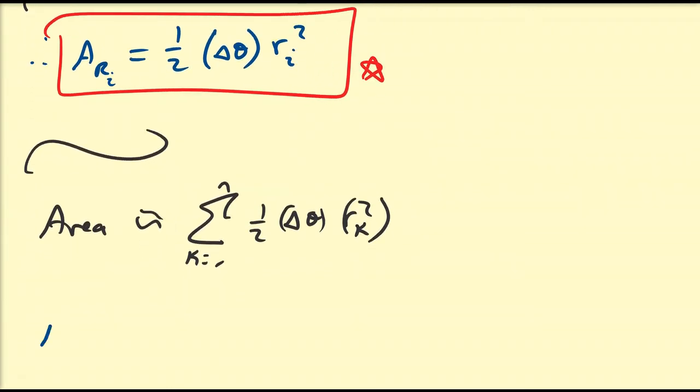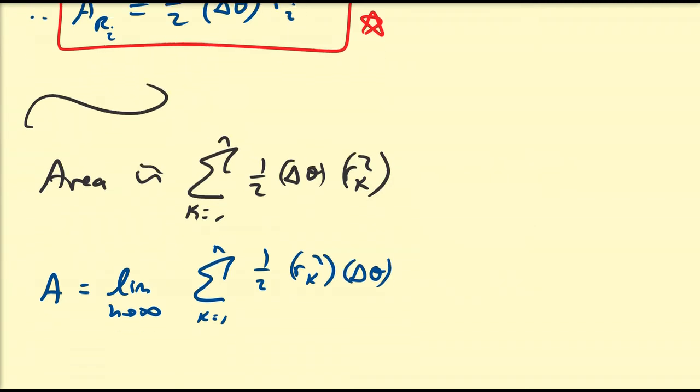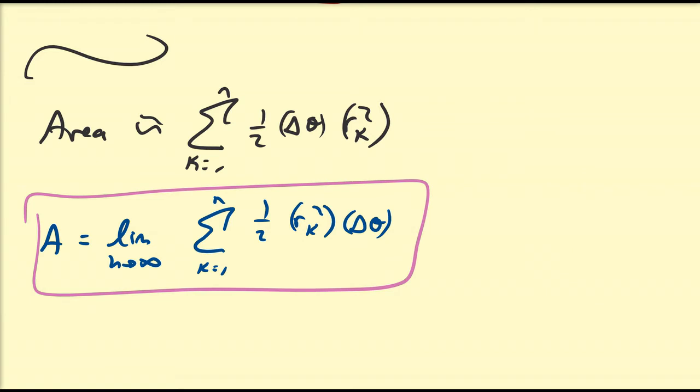So we know the true area is going to be equal to the limit as n goes to infinity of the sum from k equals 1 to n of 1/2 r_k, the quantity squared, delta theta, right? So this, if the limit exists, is what we will define as the polar integral of that function, right?